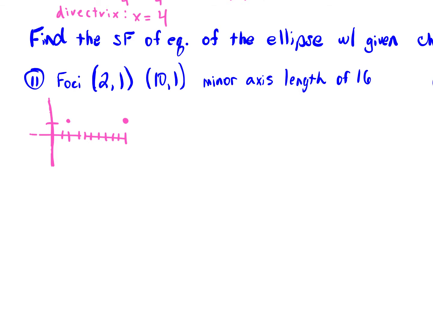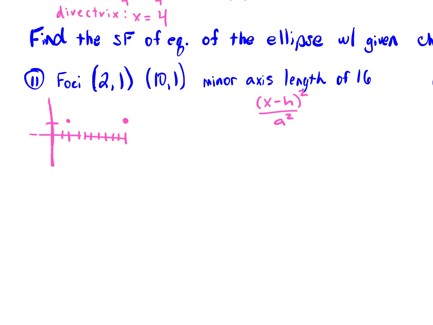Are we going to have a horizontal ellipse or a vertical ellipse? Horizontal ellipse. So that means our a is going to be under the x. So I'm going to write my equation here. X minus h squared over a squared. The a squared is under it because the a is always bigger, and if the bigger number is under the x, it's a horizontal ellipse.